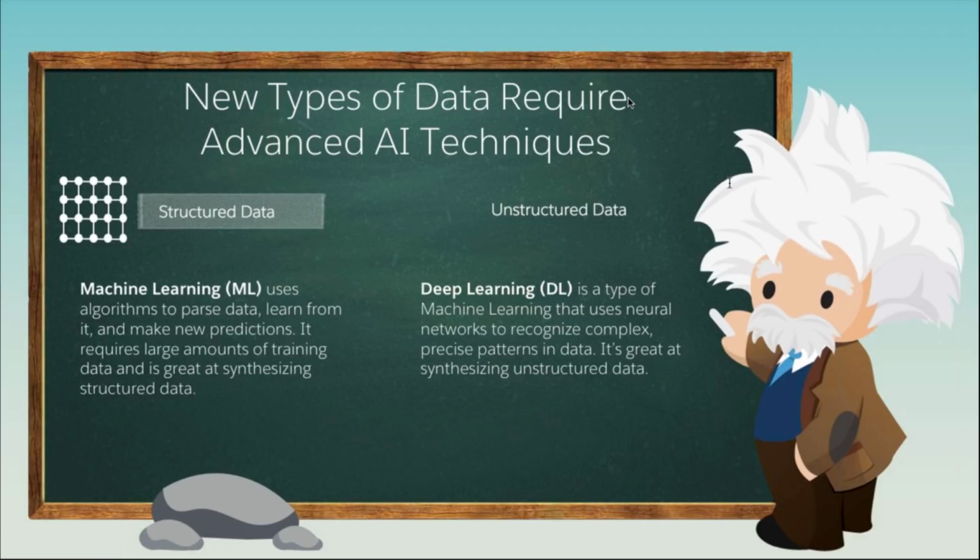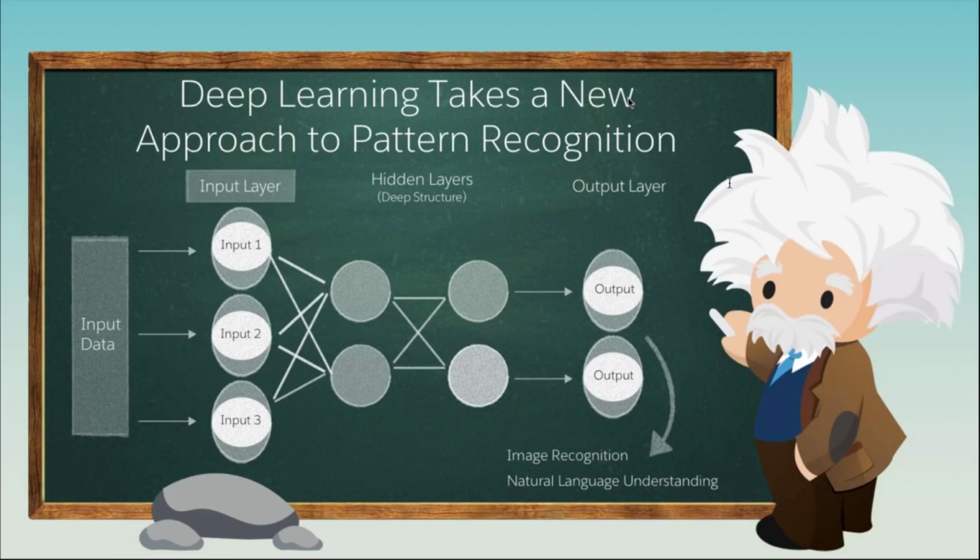So for structured data, we can use traditional machine learning. For unstructured data, when we're talking about voice, image, or text, you really need to use deep learning. So at a very high level, what is deep learning? It's loosely based off of how the brain works, where you have nodes or weighted connections, and information is passed on from one layer to the next.